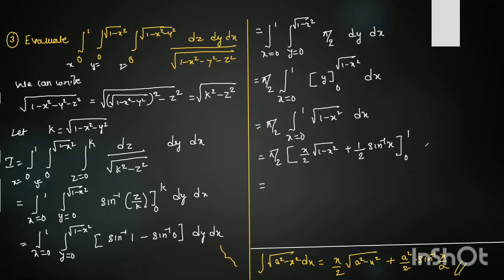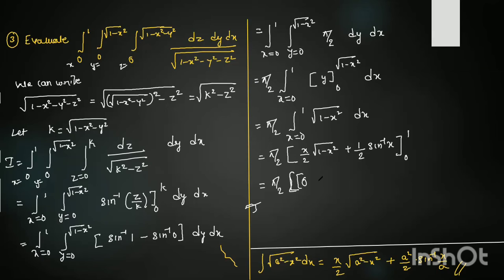Pi square by 8. Correct, pi square by 8 is the correct answer. See, pi by 2. If you apply 1, 1 minus 1 is 0.